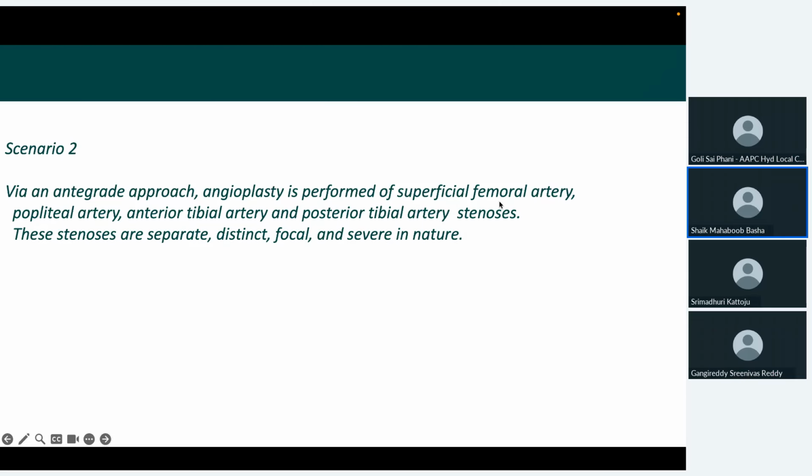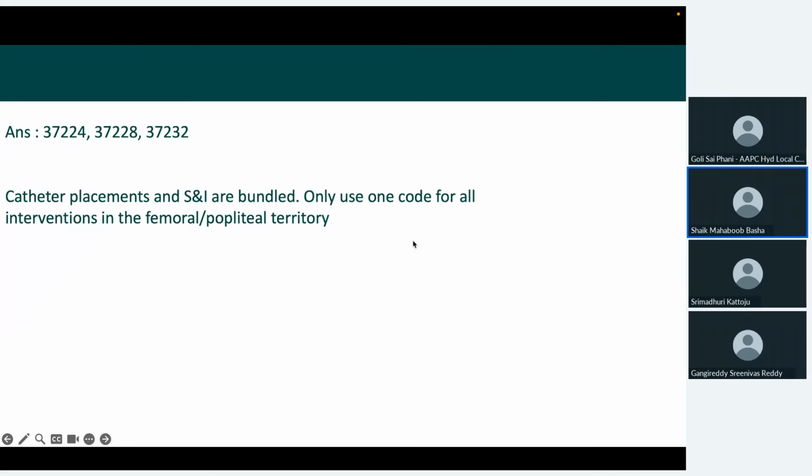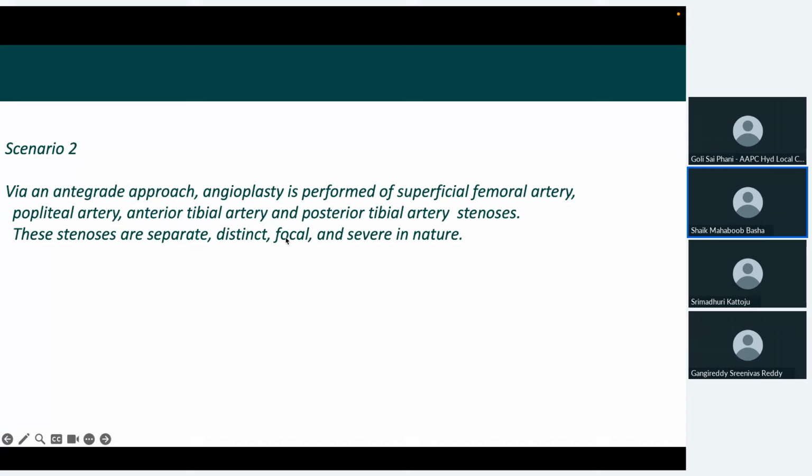One is femoral, second is popliteal, third is anterior tibial, fourth is posterior tibial. These stenoses are separate, distinct, focal, and severe in nature. So they have done angioplasties for all these 4 arteries. How will you code?